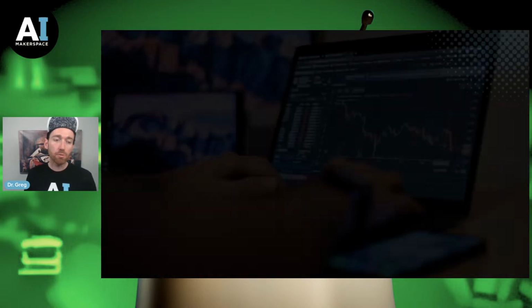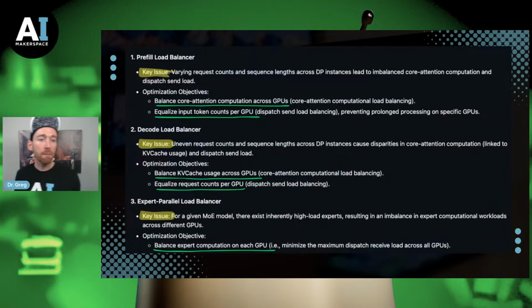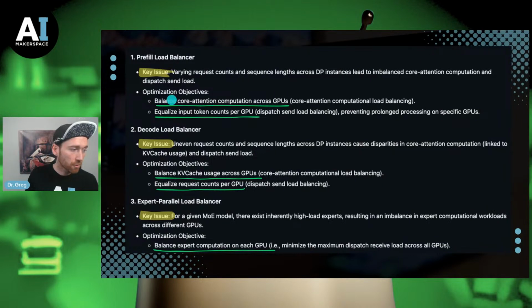Now, I encourage you guys to read more about this. The optimization objectives for each of these from the repo: the prefill load balancer balances core attention computation across GPUs and equalizes input token counts per GPU. The decode load balancer balances KV cache across GPUs and equalizes request counts per GPU. The expert parallel load balancer balances expert computation on each GPU.